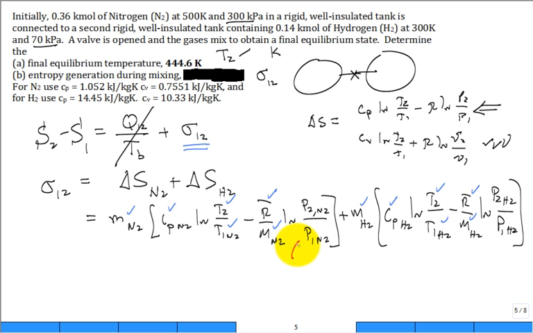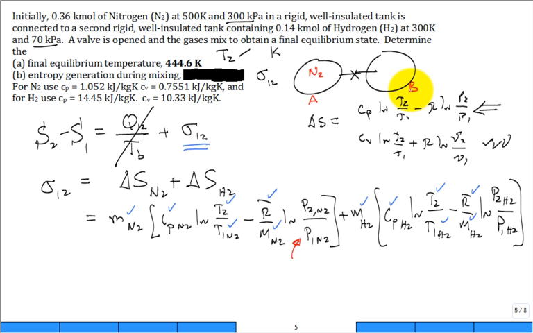What is P1 of the nitrogen? Okay, the nitrogen always starts in container A. It's pure nitrogen. Is there any nitrogen over in container B to begin with? None.